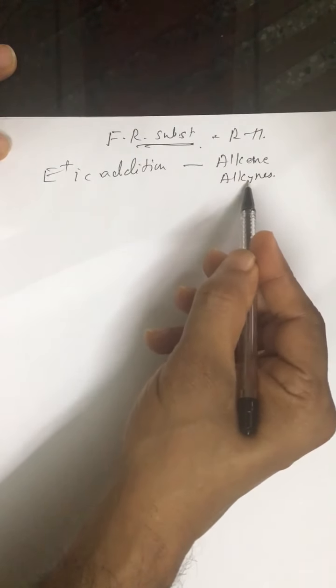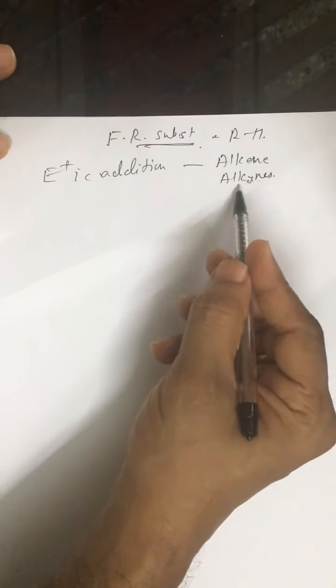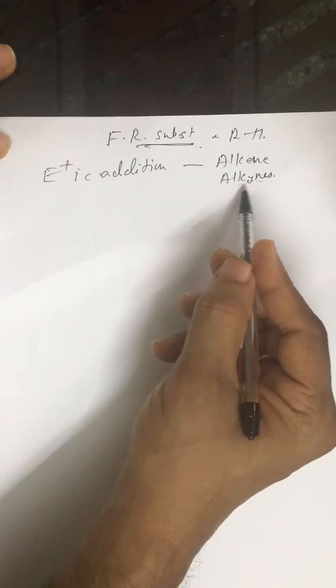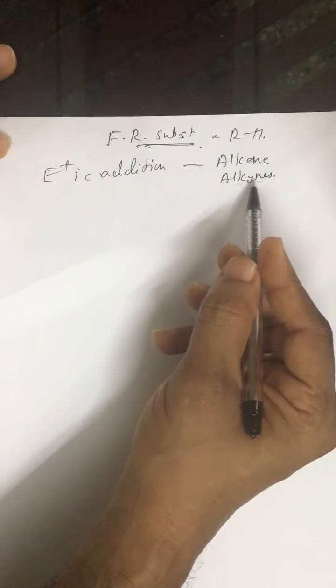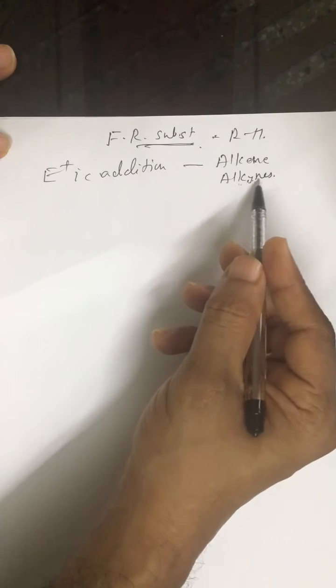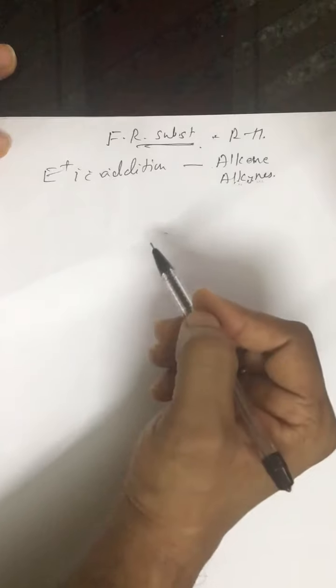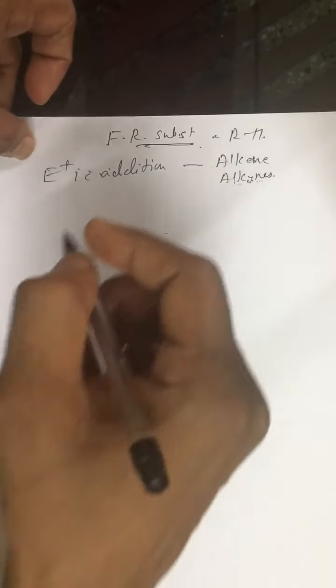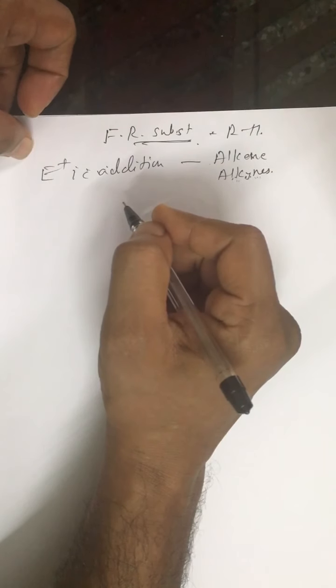Alkynes also show some nucleophilic addition, but they are specific compounds. Like alkynes treated with methanol, alkynes treated with acetic acid, hydrogen cyanide, etc. Those reactions are nucleophilic addition. Otherwise, normally alkynes also show electrophilic addition reaction.